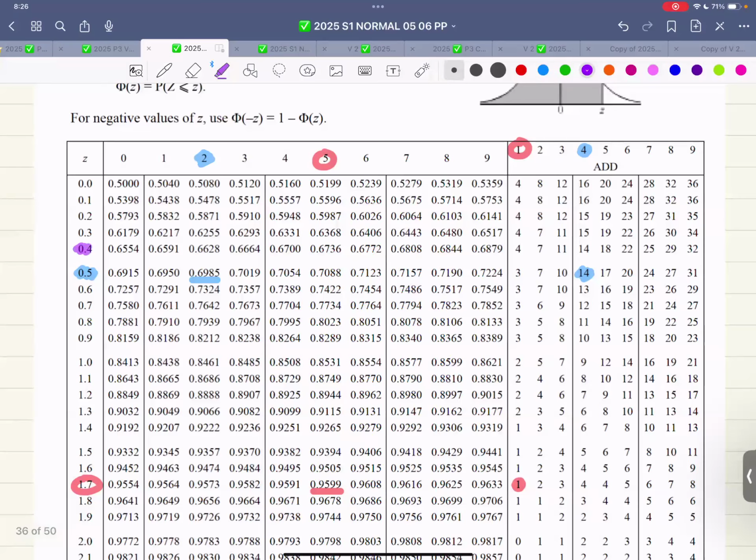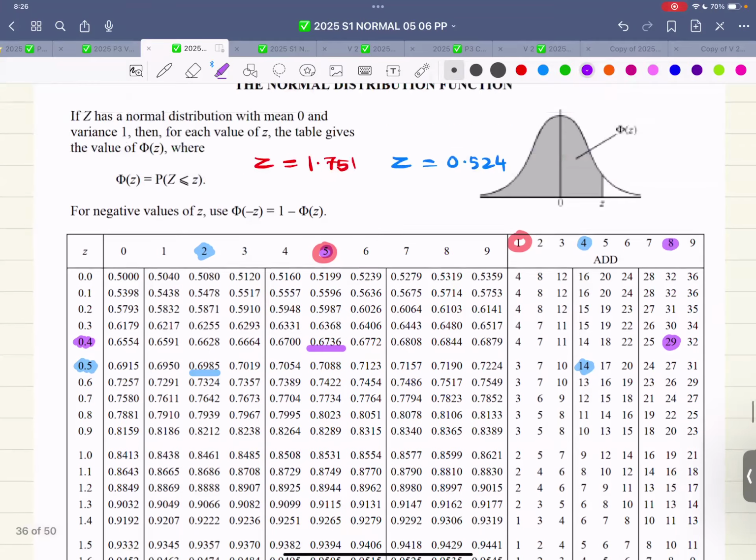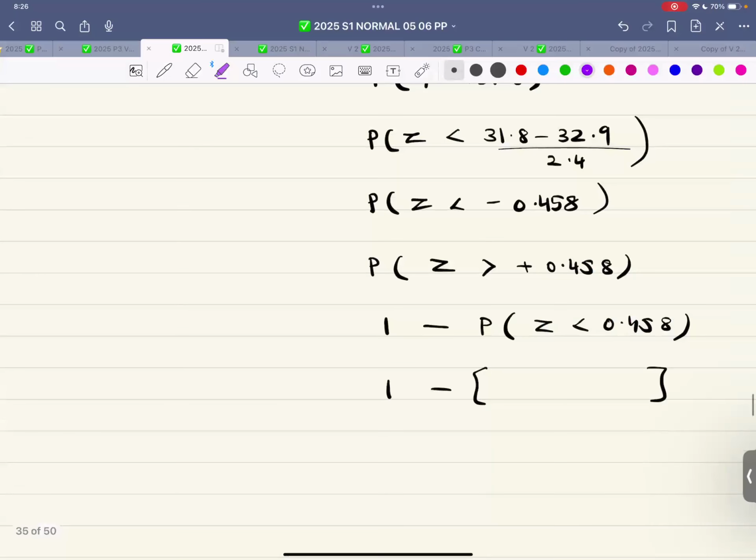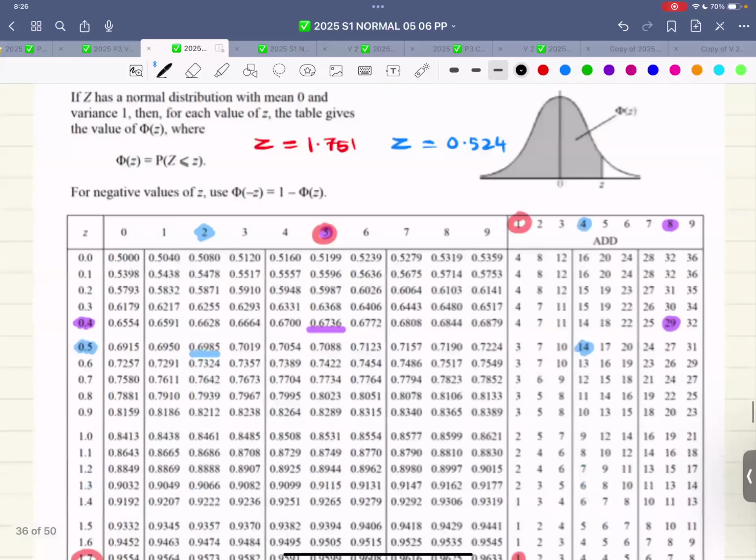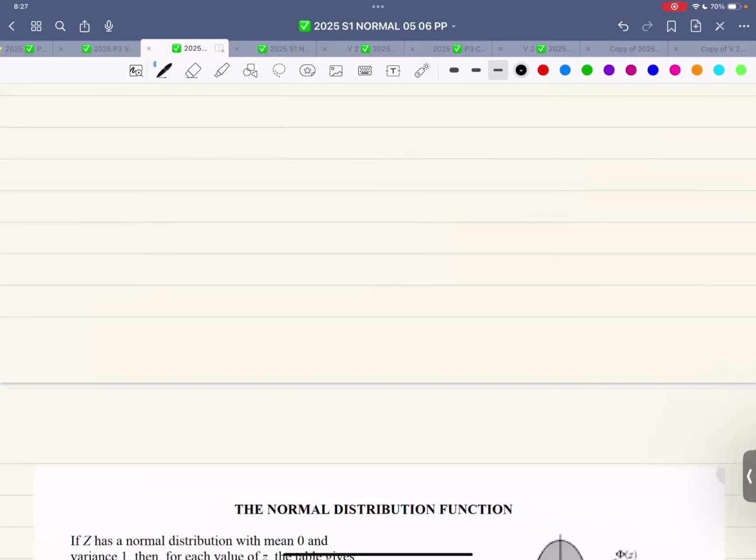This is 0.4, this is 5, and this is 8. That's right over here. Okay. So that is 6736 plus 29. Let me double check. Yes. So this is 6736 plus 29.